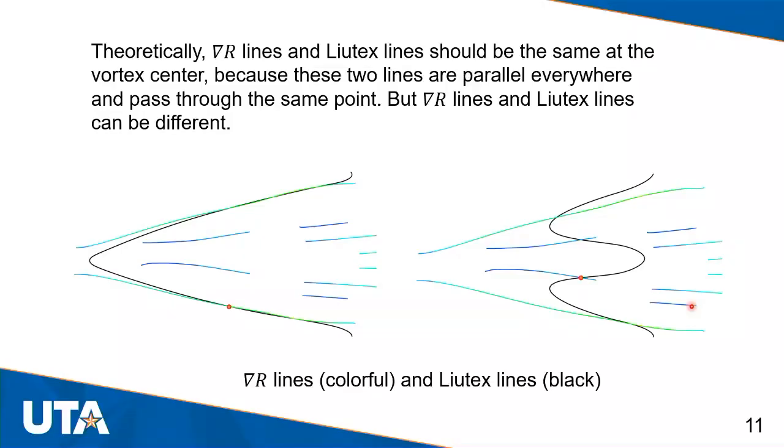So at the beginning, we used Liutex lines to draw the vortex structure, because after finding a seed point you can draw the whole vortex structure. But that may cause error, especially for weak vortices.